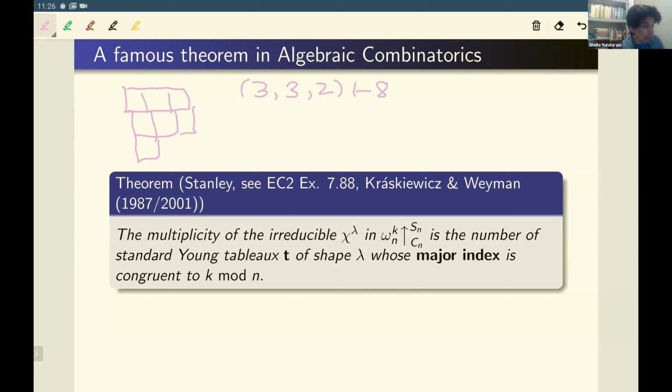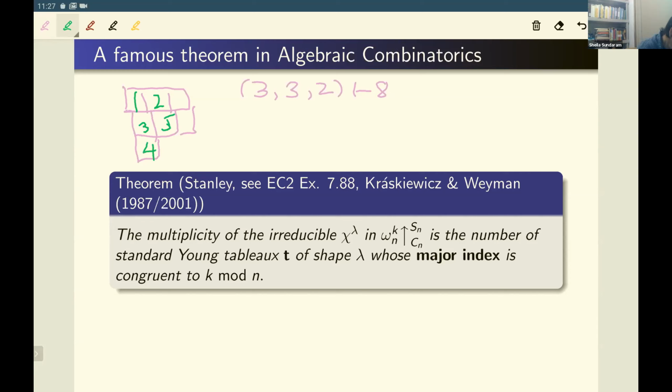Okay, so a standard Young tableau of this shape is simply a way to fill the boxes with the integers from, in this case, 1 to 8, so that they're strictly increasing left to right and strictly increasing top to bottom. Let me fill in the boxes.